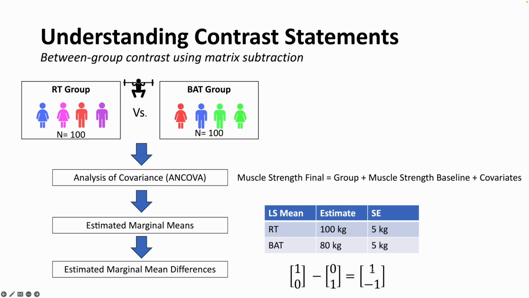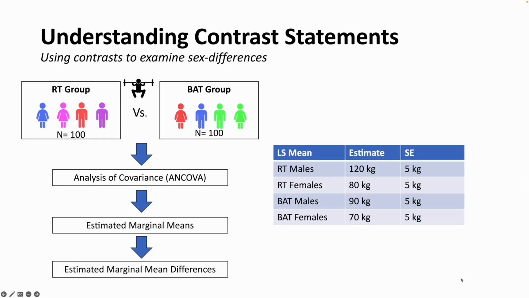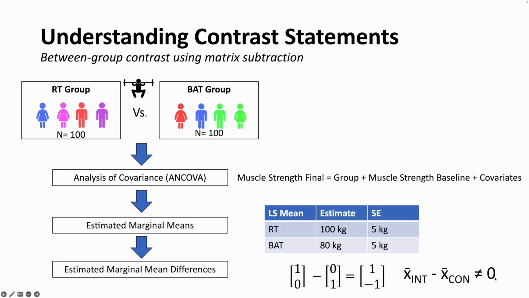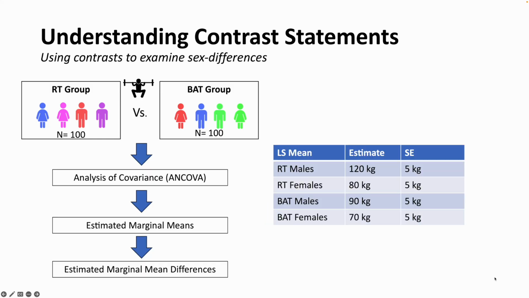That's all this is. It's 100 times 1 minus 80 times 1. And this is just a way of putting it all together in one simple way, where all we're doing is looking at whether the intervention group differs from the control group, and whether that difference is different from 0.